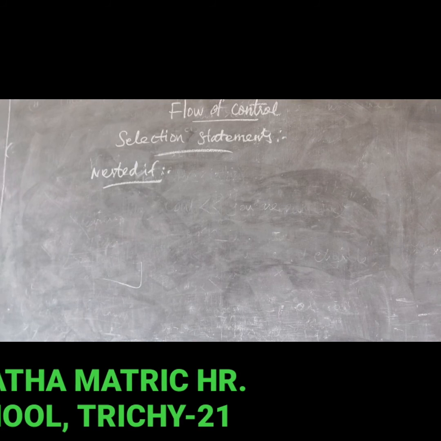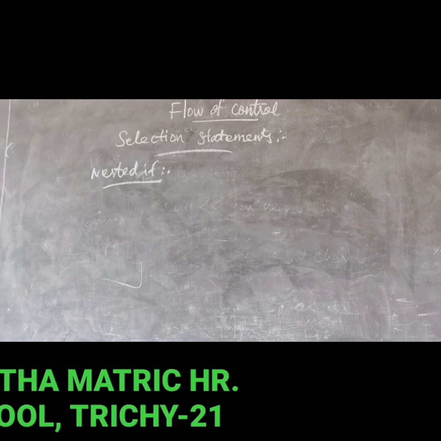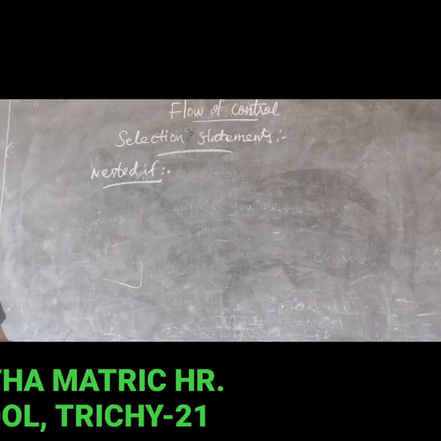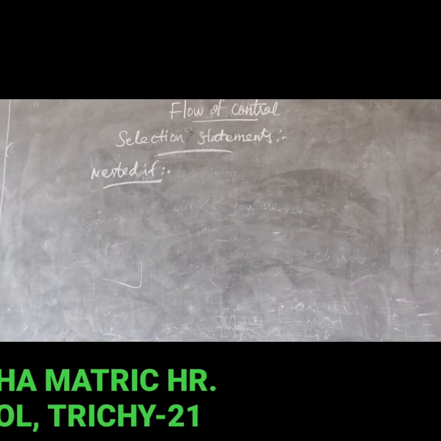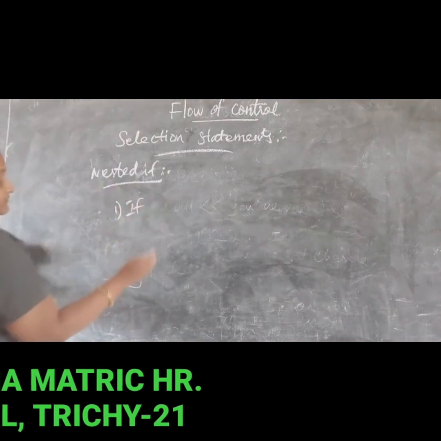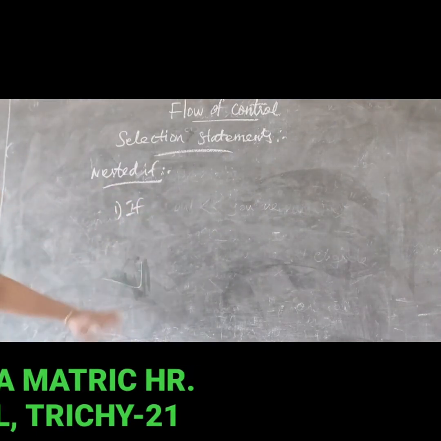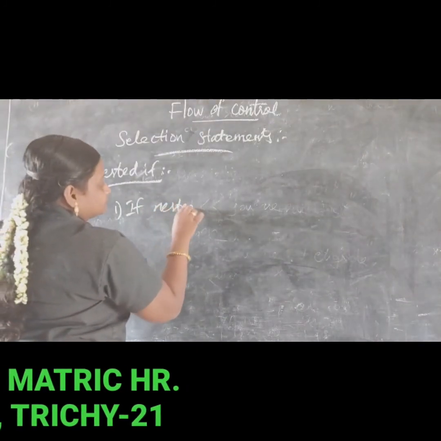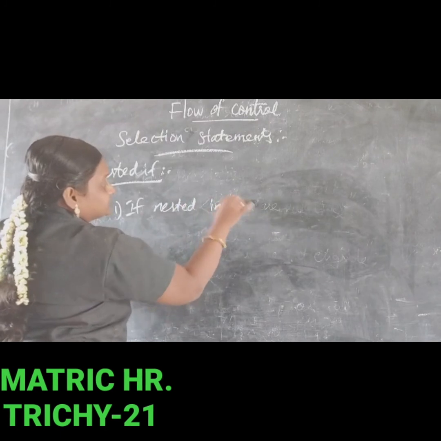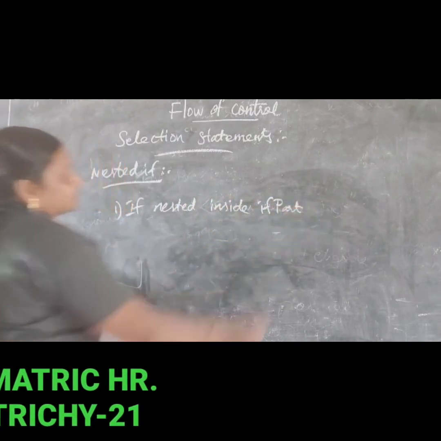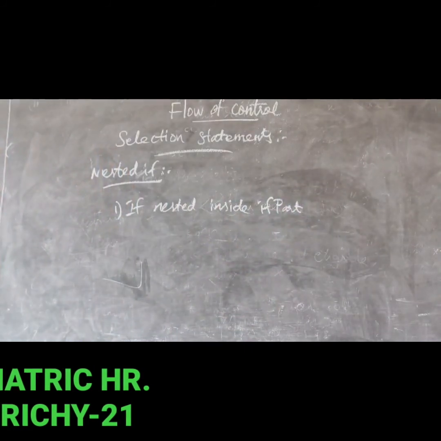So inside an if statement, if we use another if statement, that is called a nested if. The nested if can have one of the following three forms. We have three types of nested if statement. The first one is an if nested inside the if part.